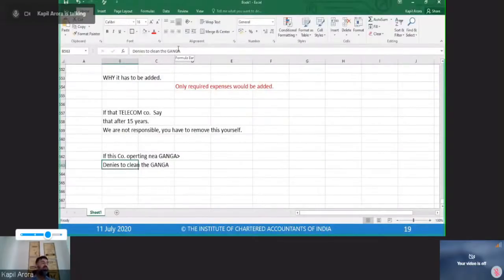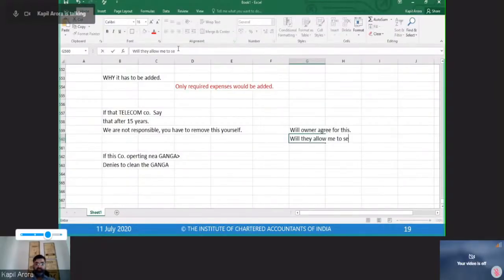Right? Now, if I say no to the customer, to the owner of the property, that I will not remove that tower, will the owner agree for this? Will the owner agree and allow me to set up the tower?